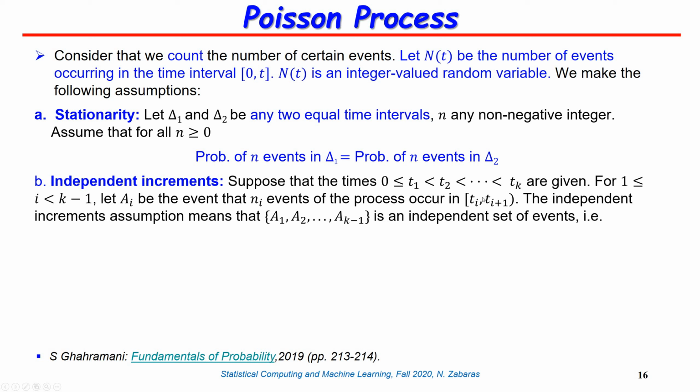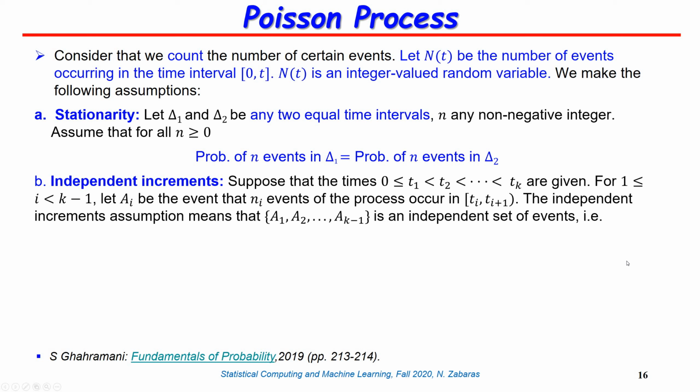So the time interval that I'm doing observations between ti and ti plus 1. And Ai is the event that I observe ni events, right? So I mentioned before the events can be earthquakes. So A1, for example, will be the event that I observe n1 earthquakes in the time interval t1 to t2, okay? And t1, t2, tk are exactly as stated here.